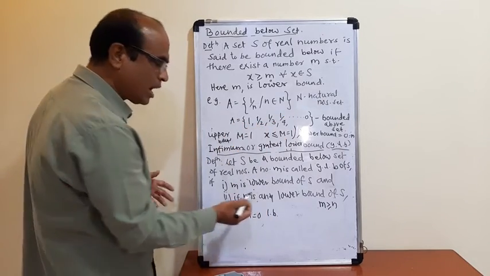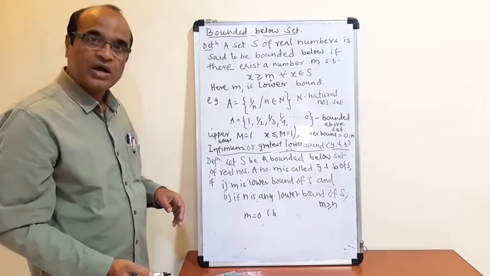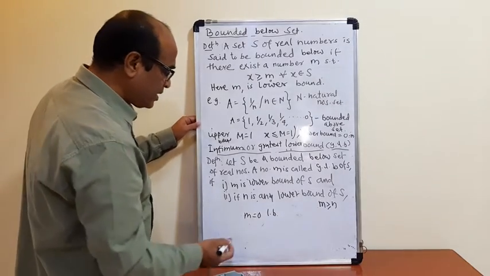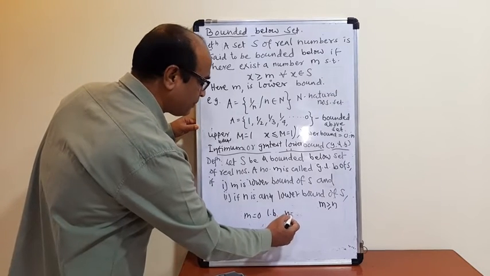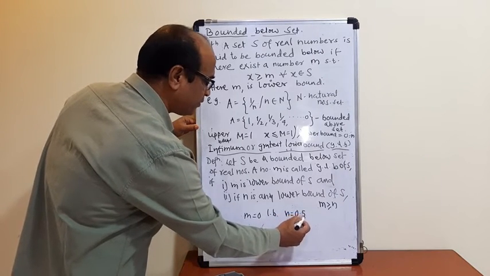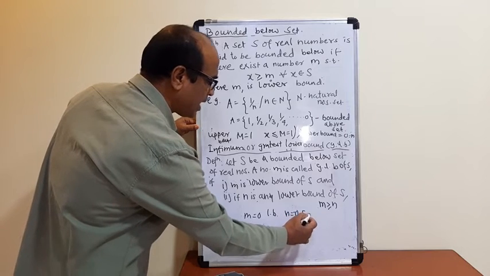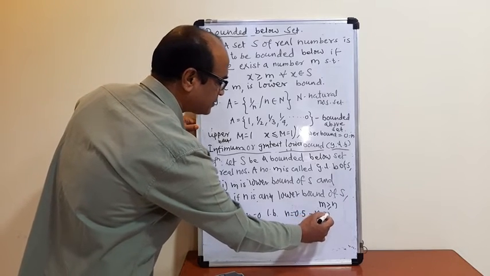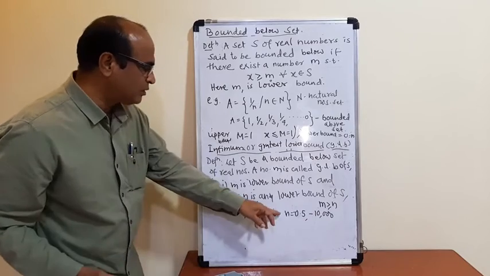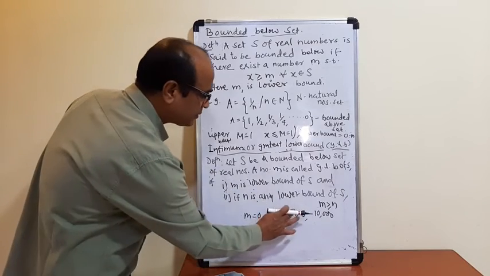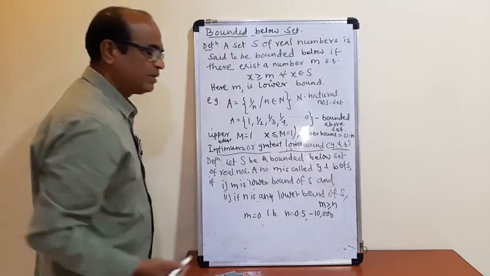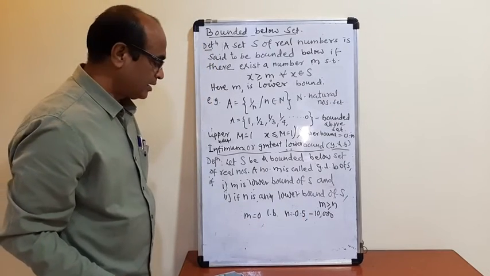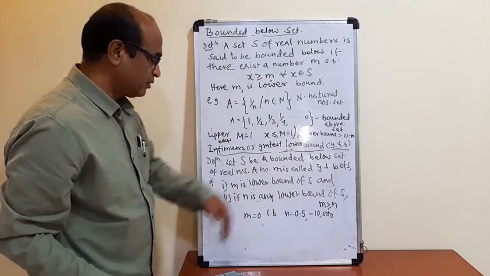Then take n equal to minus 0.5 or minus 10,000.